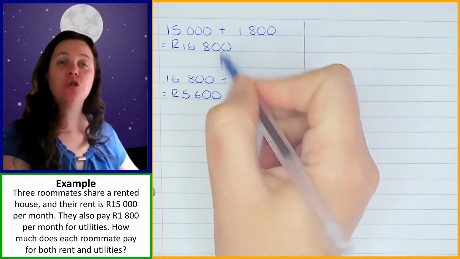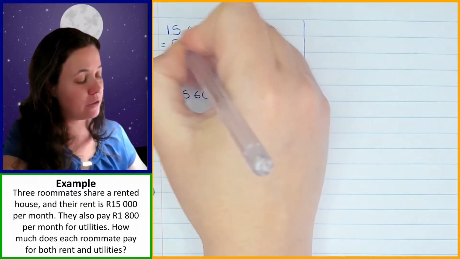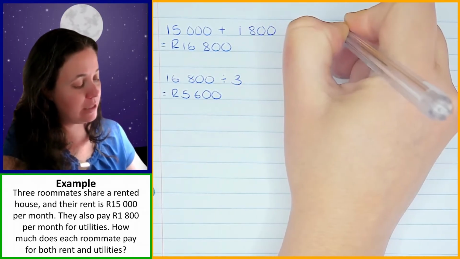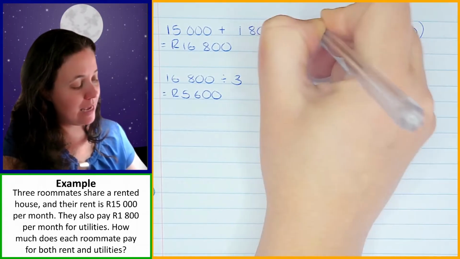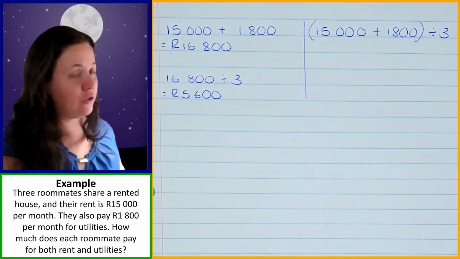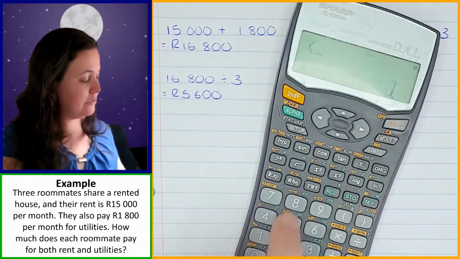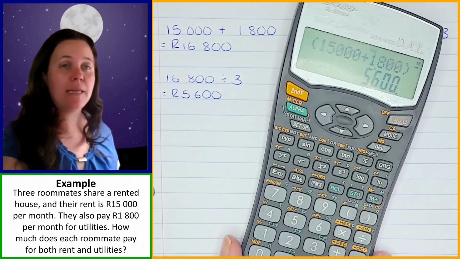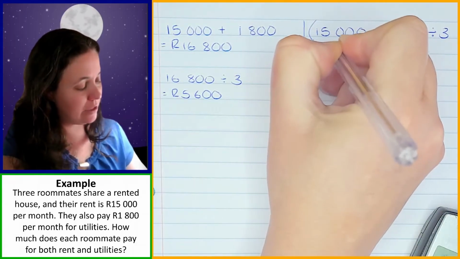Instead of doing 2 steps, you can combine it into one calculation by saying the 15,000 plus the 1,800 is the total, and because I'm working that out first, I'm going to put that in brackets and then divide that by 3. Okay, and if you do that, you'll end up with 15,000 plus 1,800 in brackets, and then divide by 3, and that gives us 5,600. So it gives me the same answer if I do it like that.